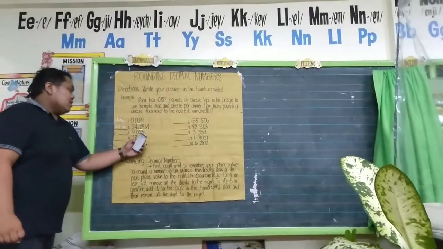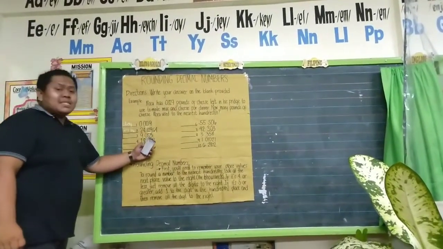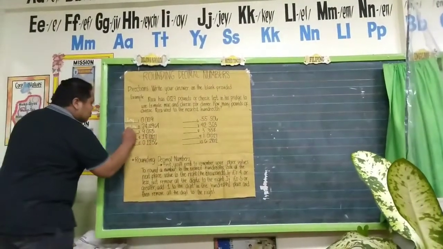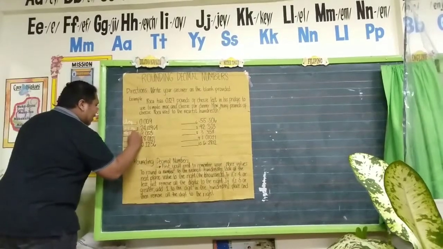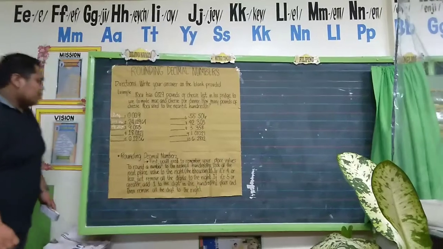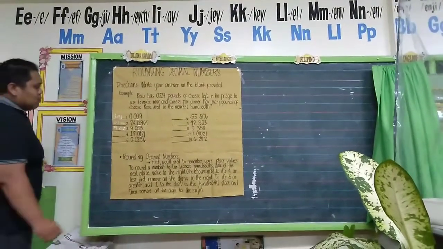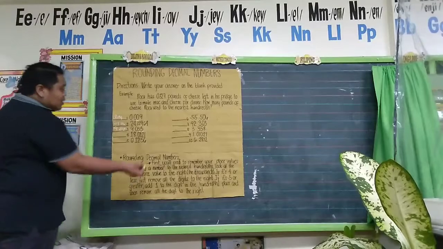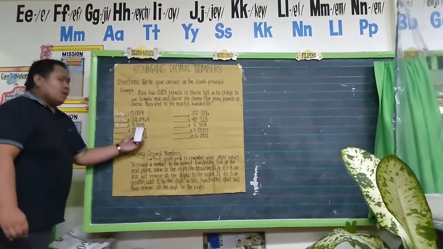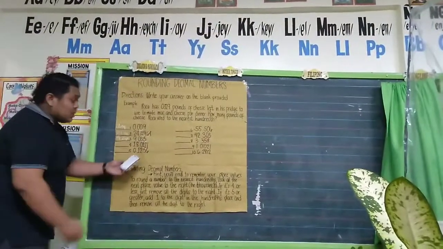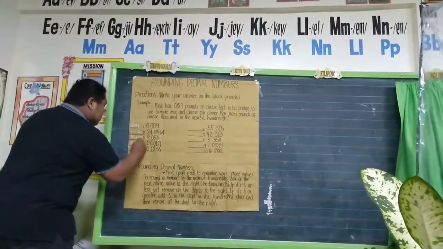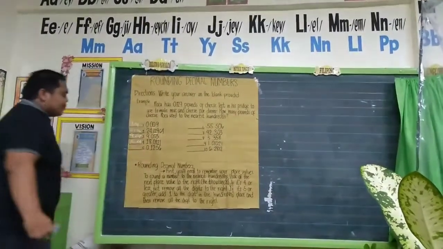Since the thousandths digit is less than 5, we drop it and the answer will be 9.05. Number 4, 18.0121. The hundredths digit is 1. Same as number 3, since 2 is less than 5, the answer will be 18.01.